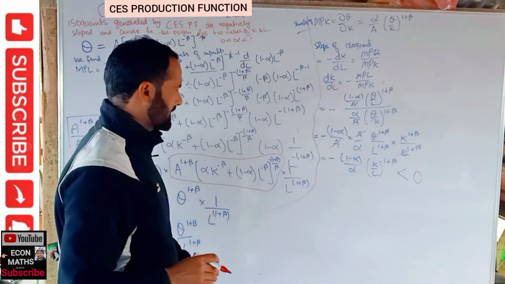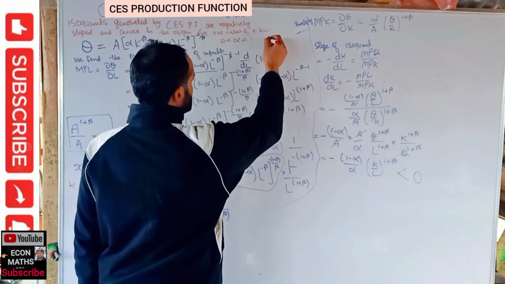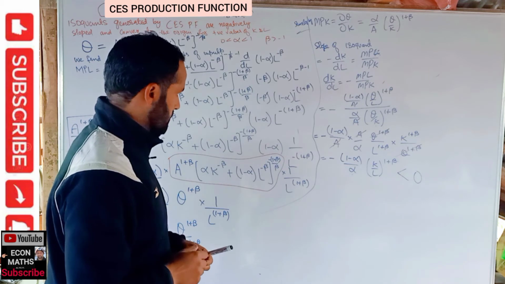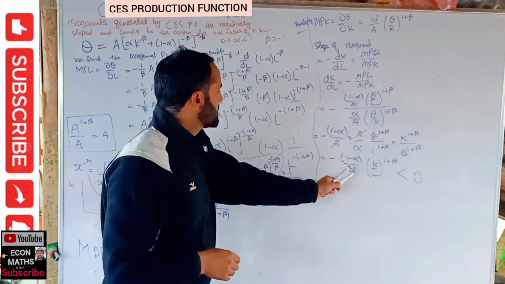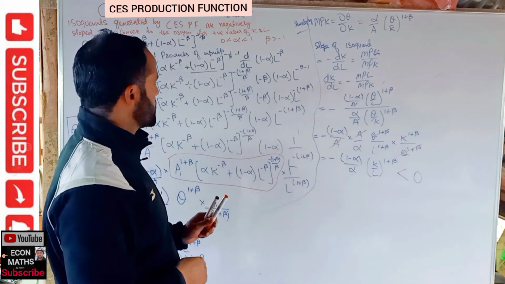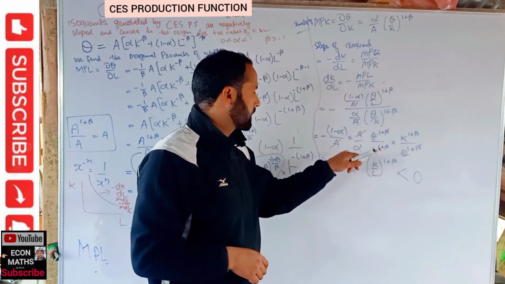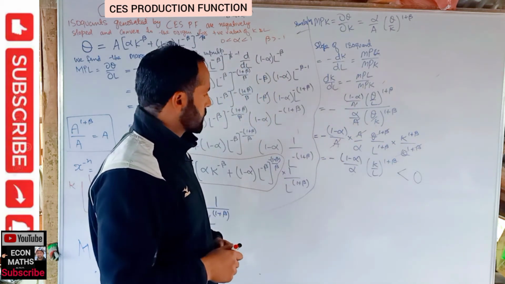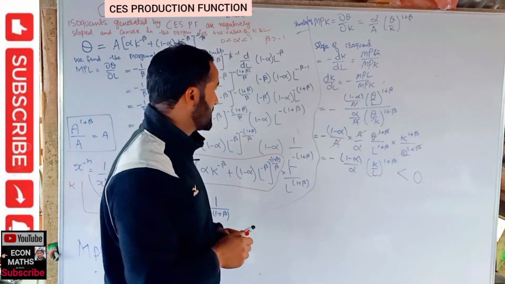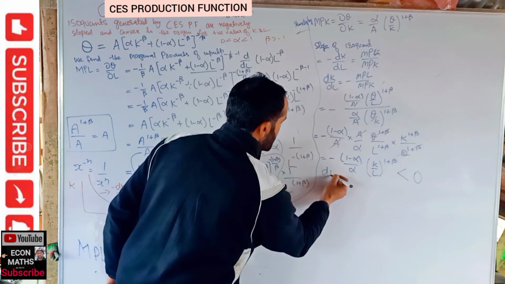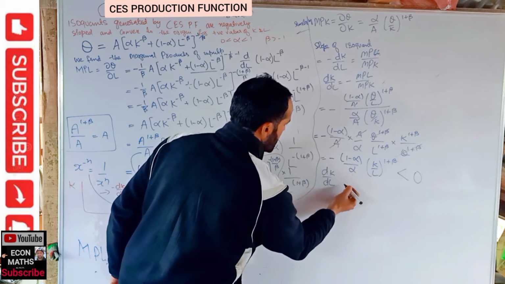The conditions are also that beta is greater than minus 1. So K divided by L to the power 1 plus beta is a positive quantity, and this will also be a positive quantity. So we will get a value which is less than 0. So we got dK divided by dL, which is less than 0.